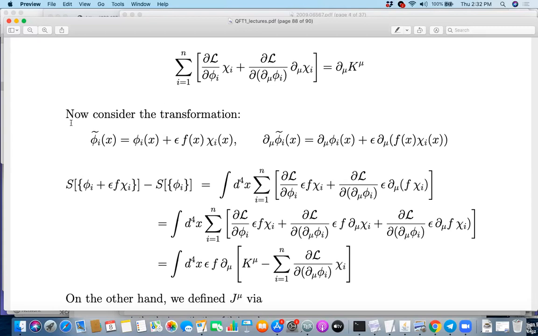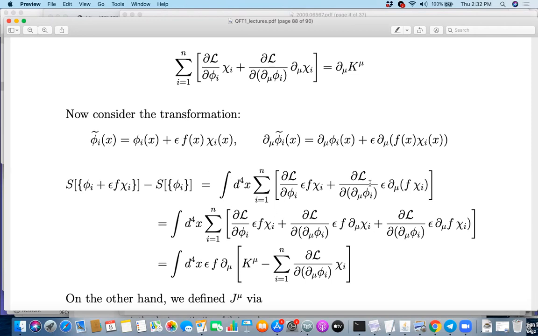Okay, now we are going to consider this transformation. Maybe I shouldn't have called this phi I tilde. This is not the transform under symmetry. Maybe I'll change it. Let's call it phi I hat or something. Some new field configuration, which is phi I plus epsilon times f of x times chi I, instead of epsilon times chi I. Because after all, we need to transform this and see how S changes to determine our J mu.